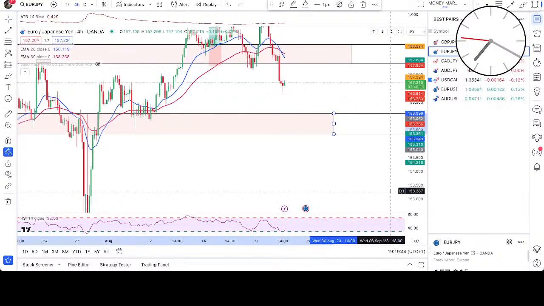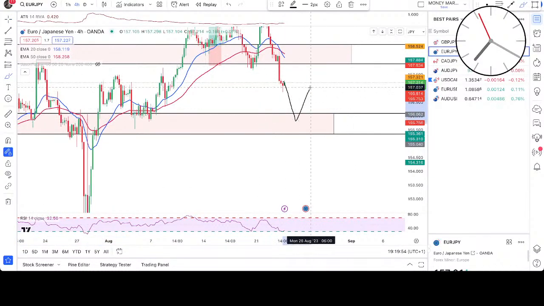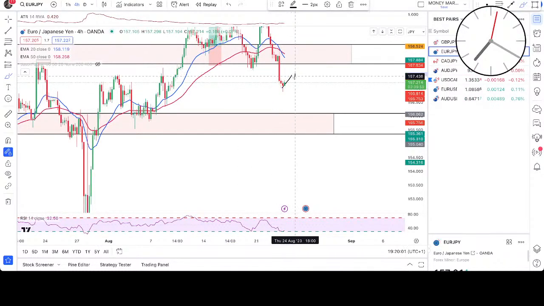You just need to mark these on your charts, 155.34, and that goes up to 156.09. So once the price hits this zone, only then we will enter buy counter trades. For now, we are just going to enter sell trades. No more buying for this pair. We can get a pullback and we can keep on taking shots until the price hits the zone below. So sell for Euro Japanese yen.